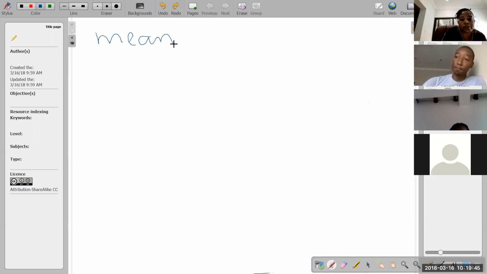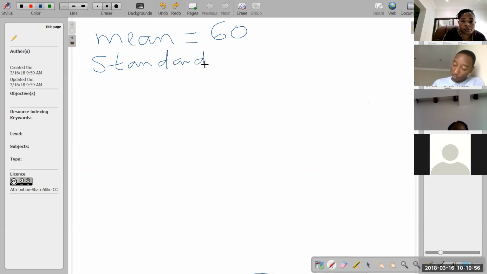So we have a mean of 60 and a standard deviation of 8. In this case, that's sigma, and our mean is mu.